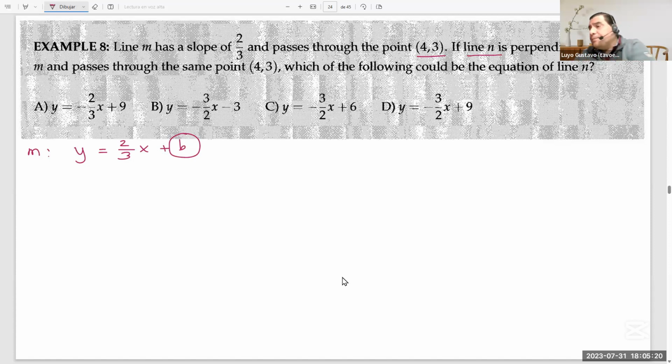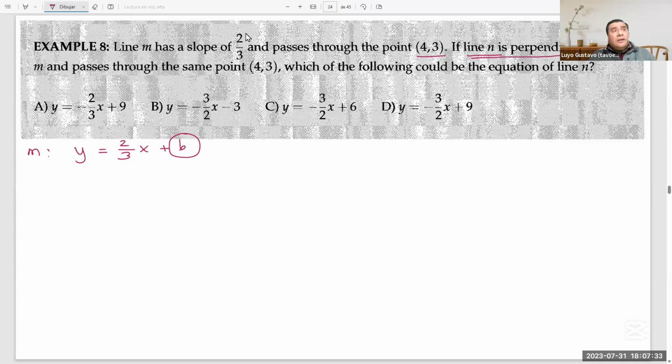You can try. Okay, something interesting here is that you don't really need to determine the full equation of line M, because if you know that two lines are perpendicular to one another, then what must be true about the slopes? The slopes, according to the property we saw, must have a product of -1.